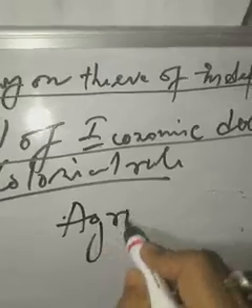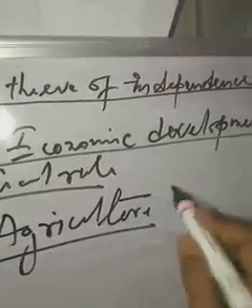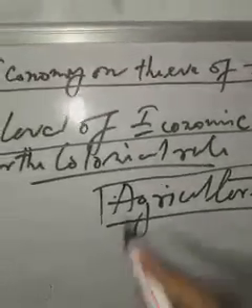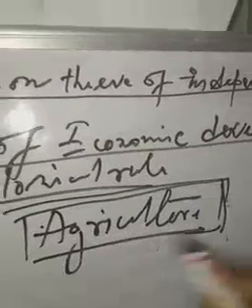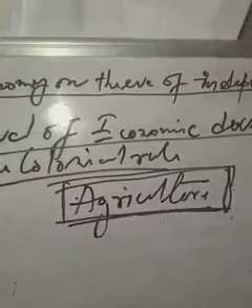That means most of the people worked in the agriculture sector. But our country was also well known for its manufacturing activities. Most of the people of our country depended on agriculture, that means they did some agricultural activities.